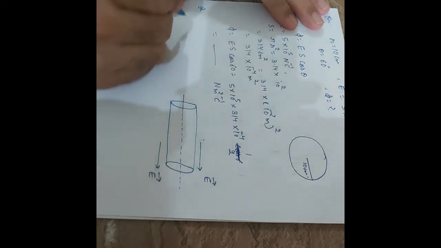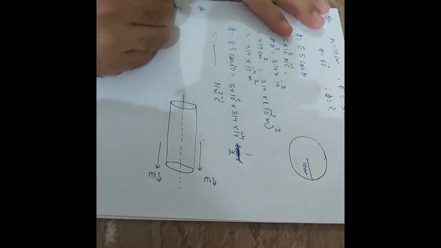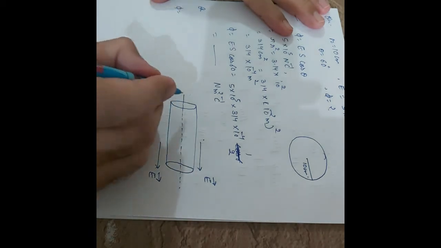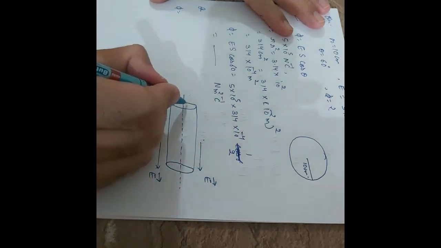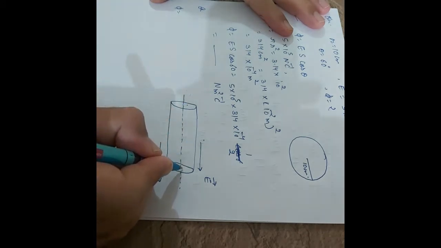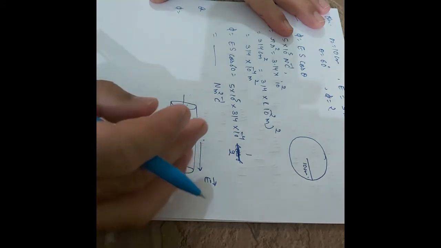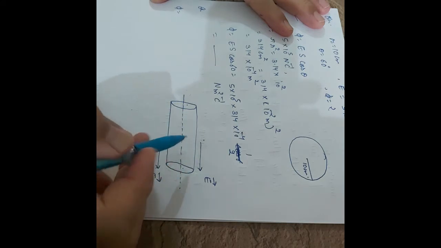Now I know that for the total electric flux through this cylinder, there are 3 parts of the cylinder. One is this area, another one is this area, and the third one is this curved area.